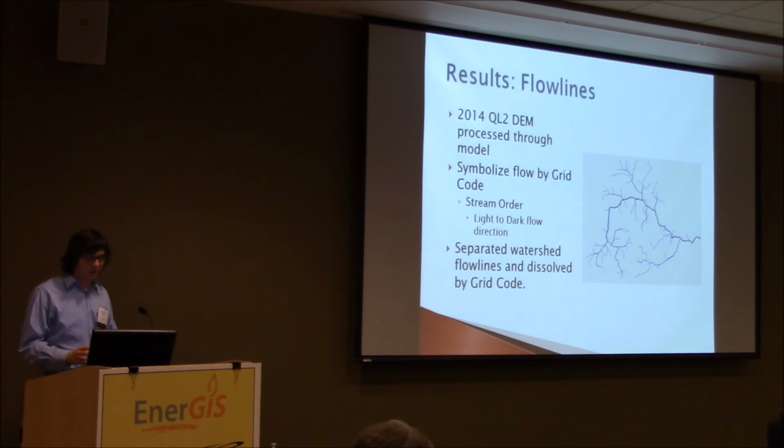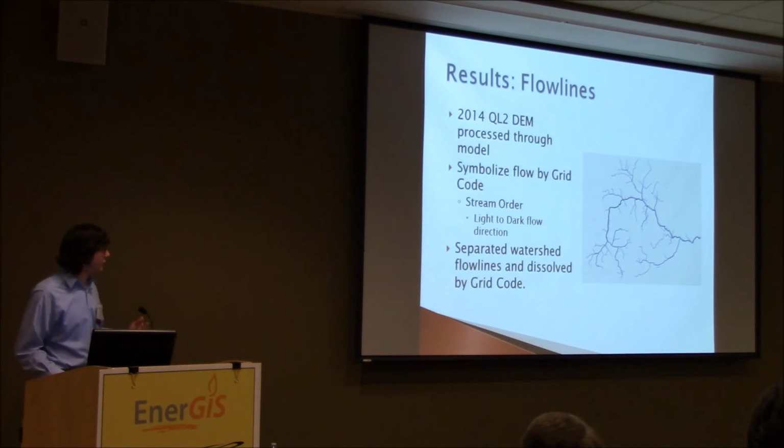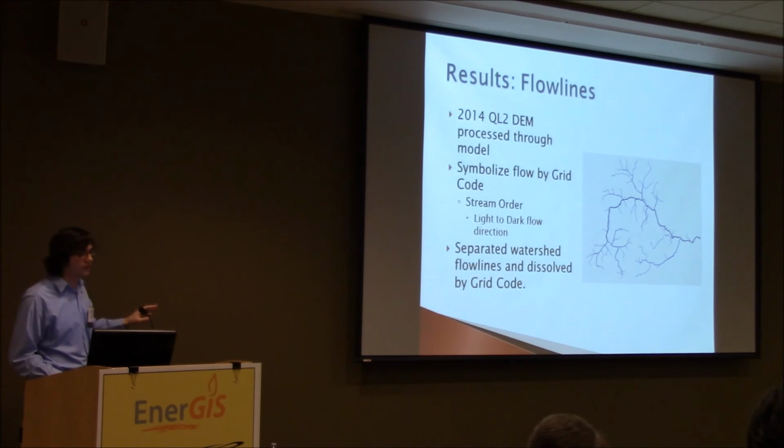So this dark line is stream order 5. This light one is number 1, going toward the end of that eastern side of the watershed. And we tried to make it so that we could select that entire 5-order stream without it being segmented between each of the grid codes.